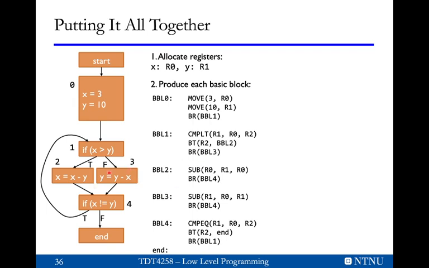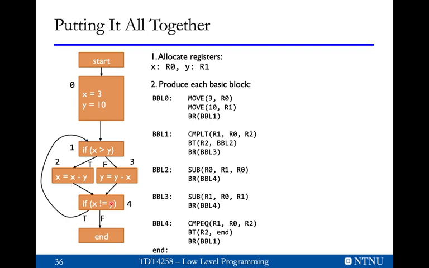Now these basic blocks are very simple to translate, so this is just an assignment, so we subtract y from x and assign it to x again, and branch to basic block 4 at the end of basic block 2, and we do the similar thing for basic block 3. So what's left is to translate basic block 4.